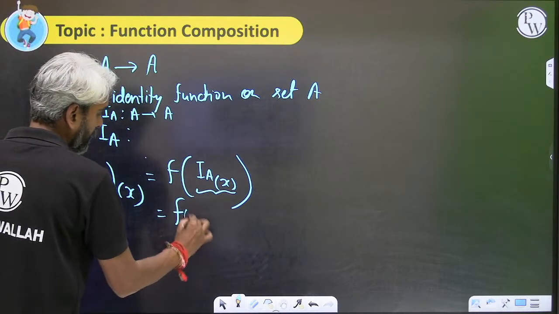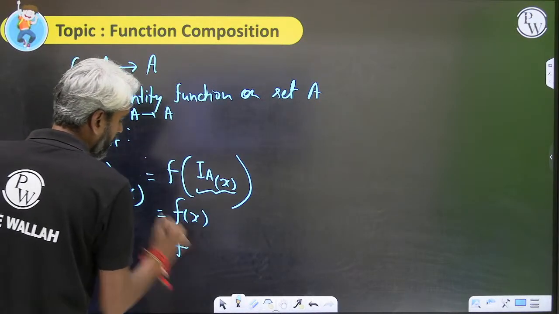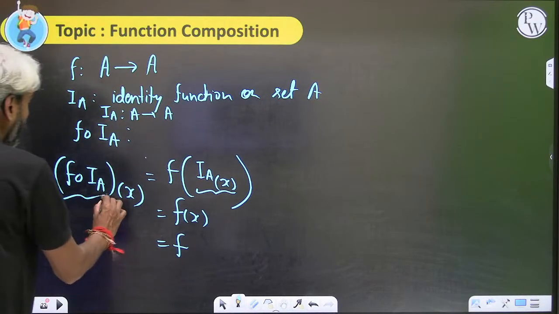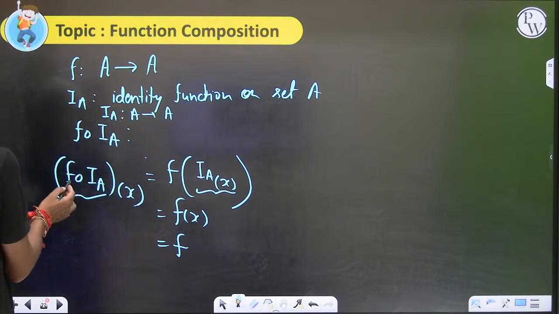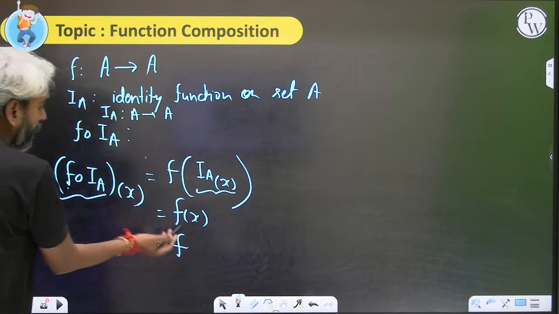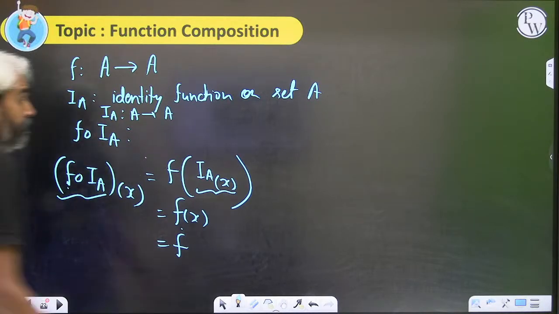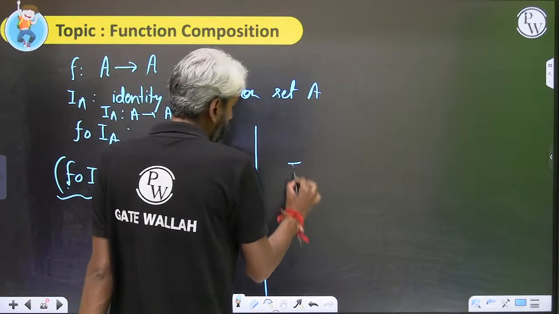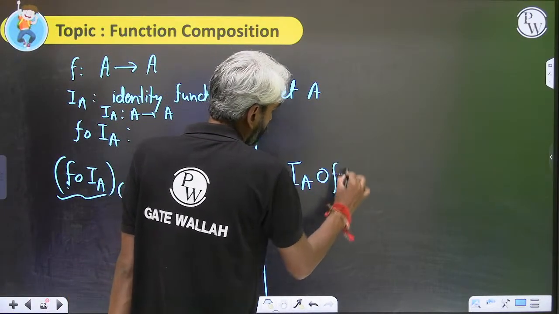So it will be the same as f of x, that is function f. So f composed with the identity function will be the same as your original function f. Either you say f of I_A or I_A of f, it will be the same thing.